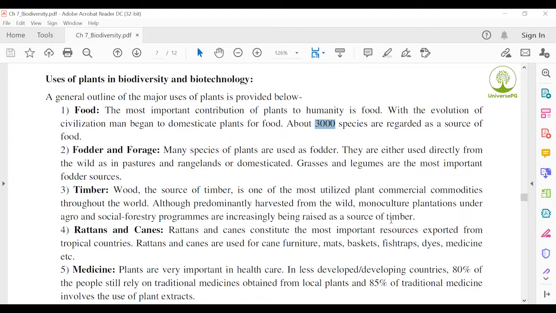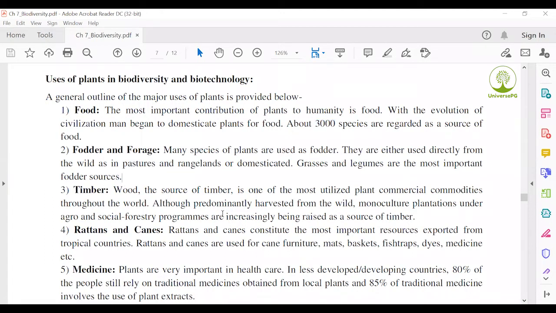Therefore, fodder and forage. Many species of plants are used as fodder. They are either used directly from the soil as pastures and rangelands, or domesticated grasses and legumes are the most important fodder sources.